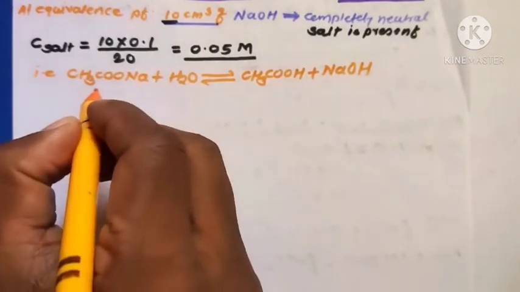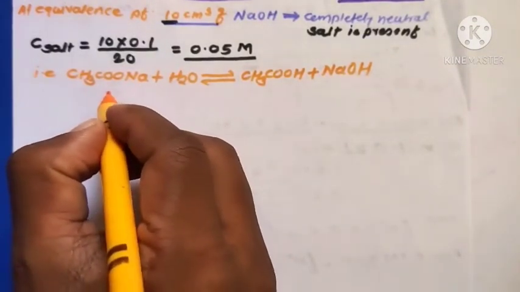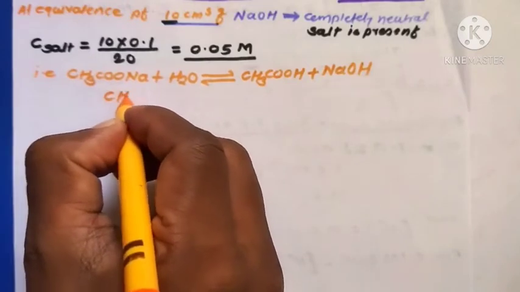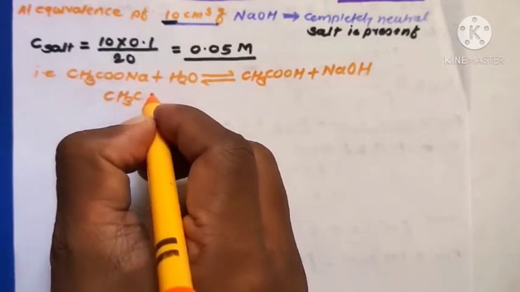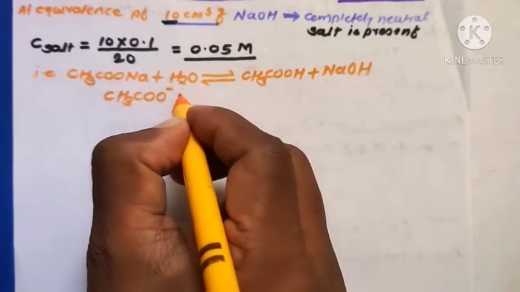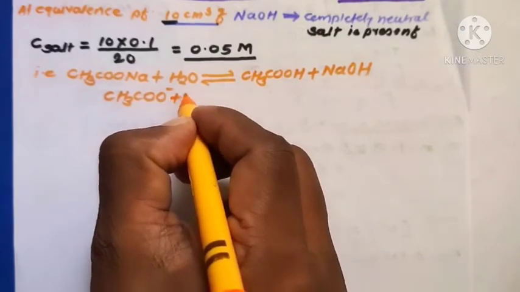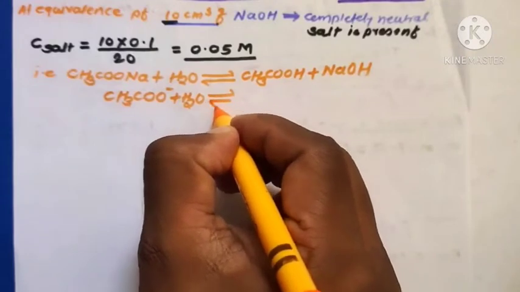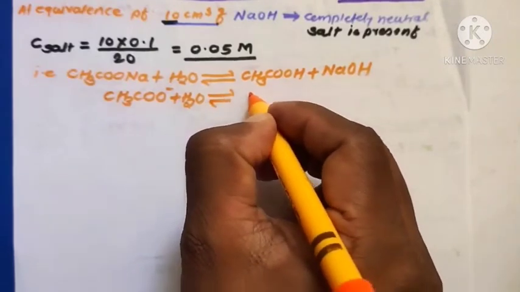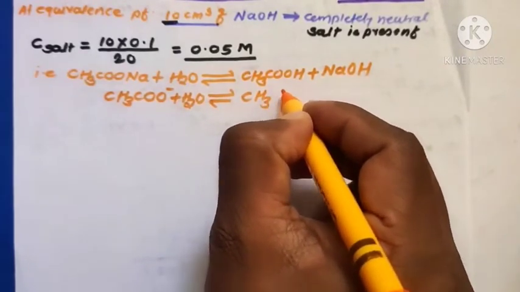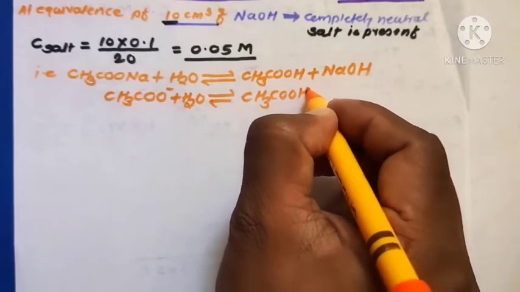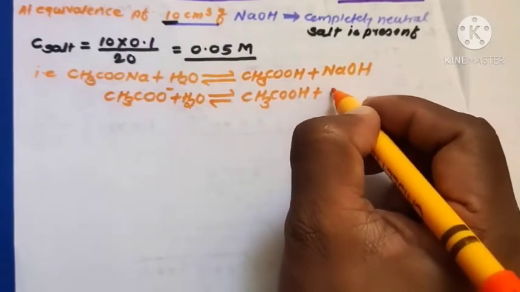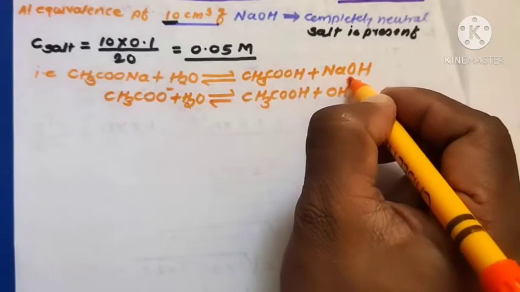Now the acetate ion, CH3COO minus ion, reacts in presence of H2O. This is again a reversible reaction to form acetic acid plus OH minus ions.